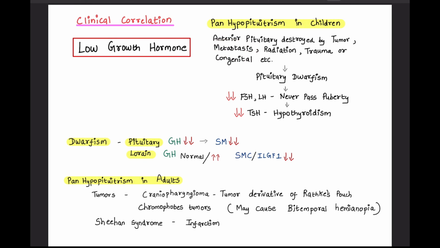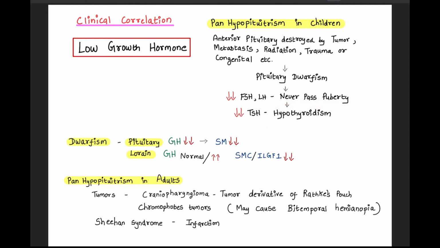Metastasis means the extension of tumor from other parts of the body, radiation or any other congenital diseases, and these children have pituitary dwarfism. And these pituitary dwarfism patients never pass puberty and they will also have hypothyroidism.